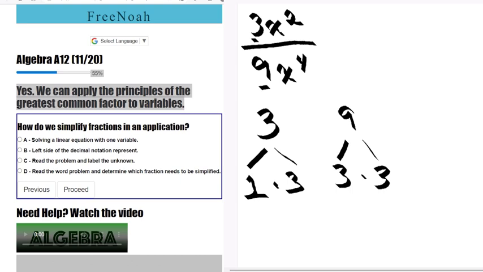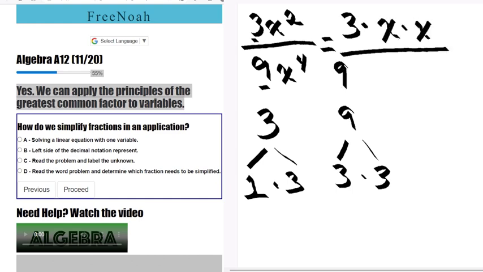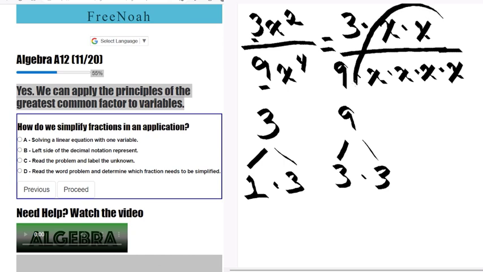Let's start breaking down the x's here. So we could write 3 times x over 9 times x times x times x times x. Now here we have 3 times x, and if we notice, we have these variables, x times x, on the numerator and the denominator, making it a greatest common variable, so to say.